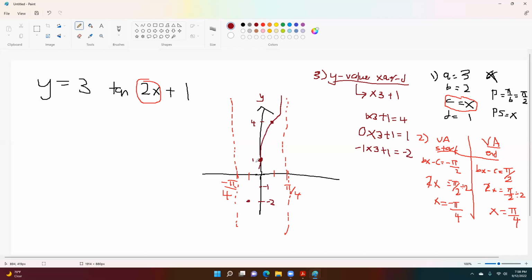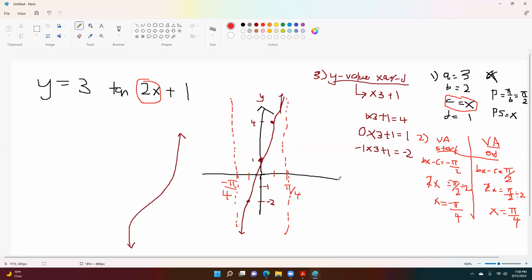I am really bad drawing this with a mouse. It will look something like this. So that is how you draw y equals 3 tangent 2x plus 1.